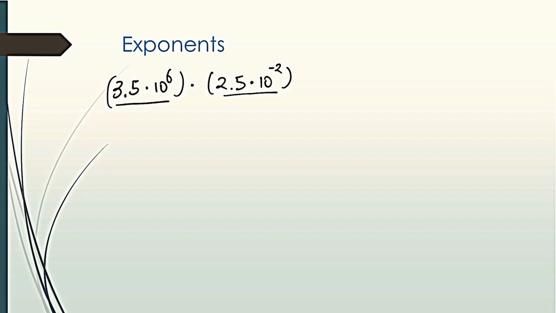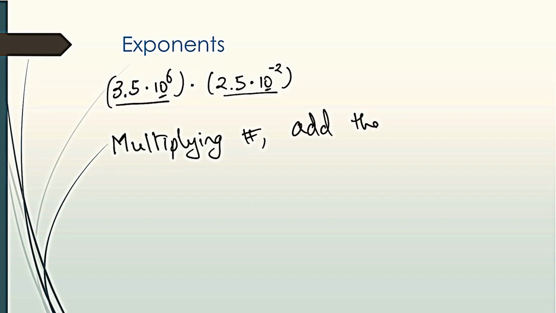The rule here says that if you have two numbers and both of them have an exponent with the base 10, and this is very important, both numbers must have the same base, which in this case is 10, then, because you're multiplying the numbers, you add the exponents.